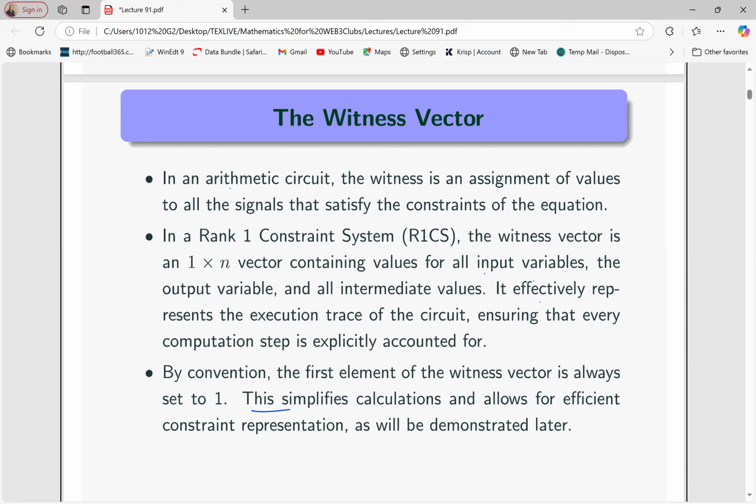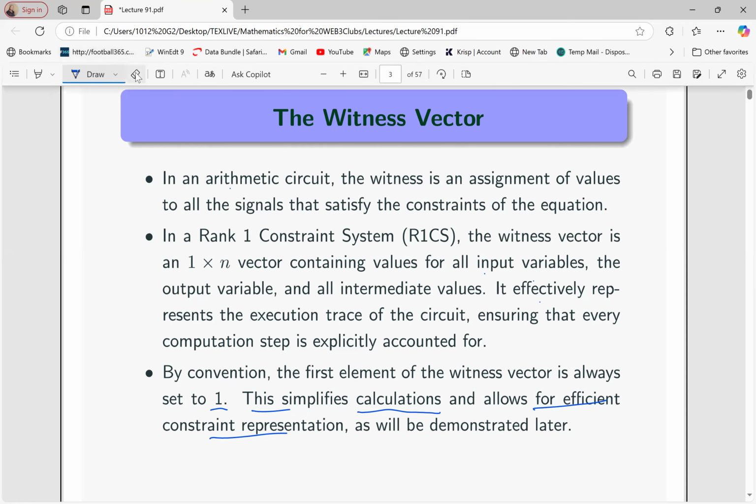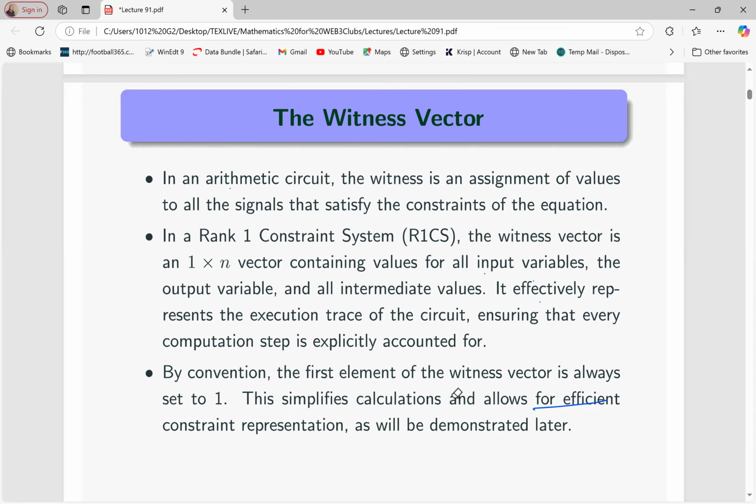The main idea is we have to include this one just to simplify our calculations, and also to allow for efficient constraint representation. Constraints, I know you know, are just the equations. So we need to come up with a better way of representing these equations.